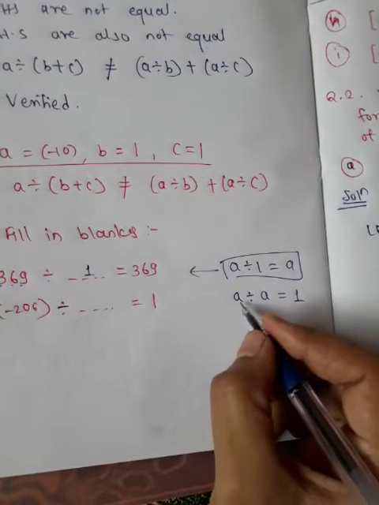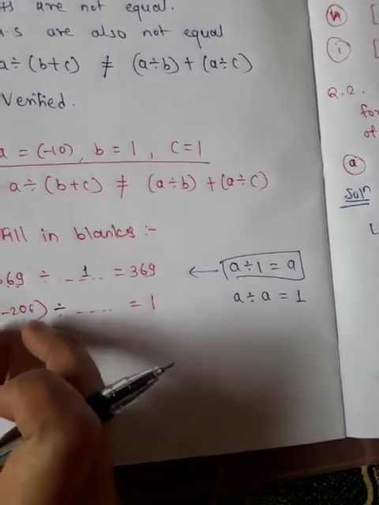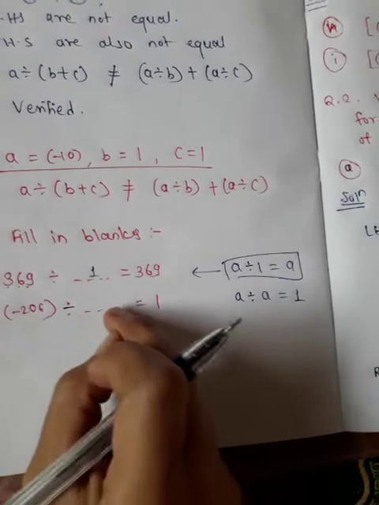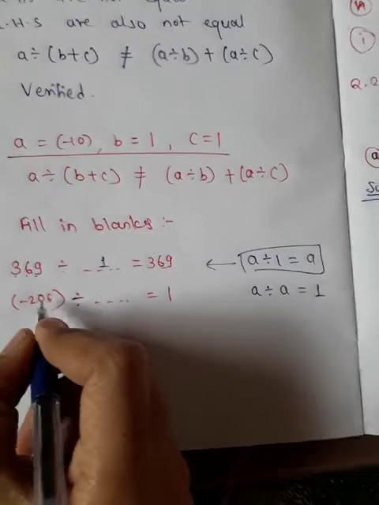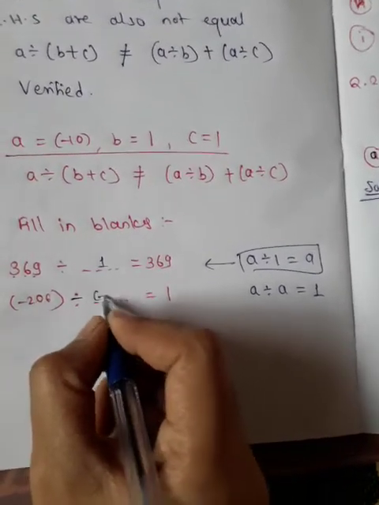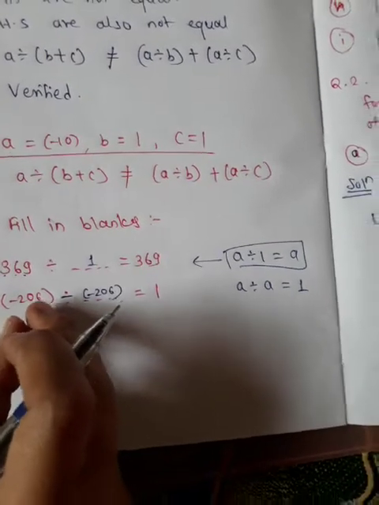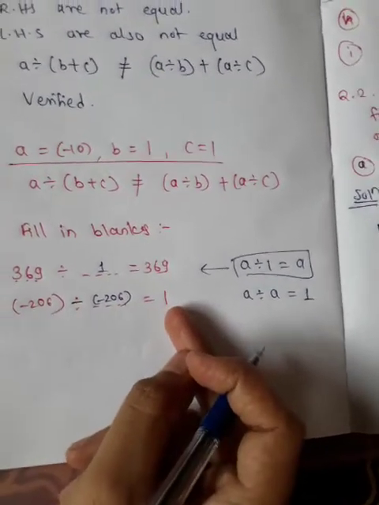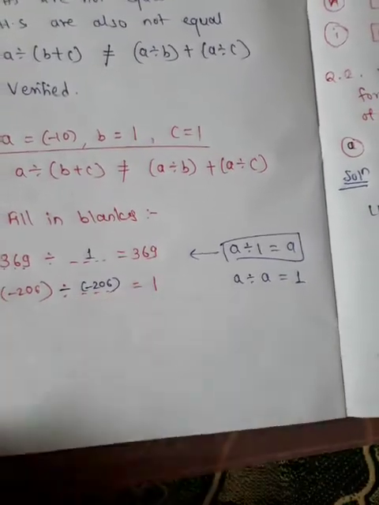Meaning if we divide an integer by that integer, then it gives 1. Here minus 206 divided by dot dot dot gives 1, meaning we have to divide minus 206 by minus 206. Same integer: if we divide an integer by itself, then it gives 1. So here we have to write minus 206.